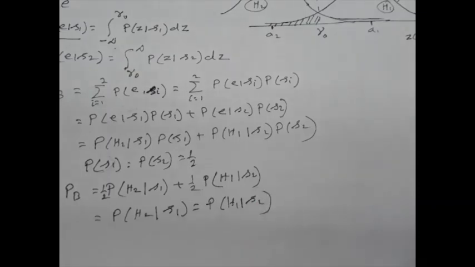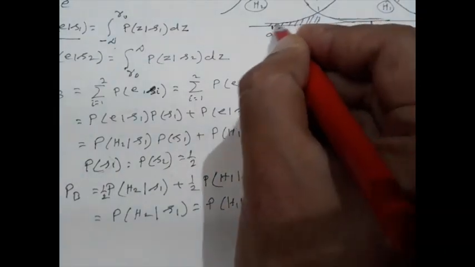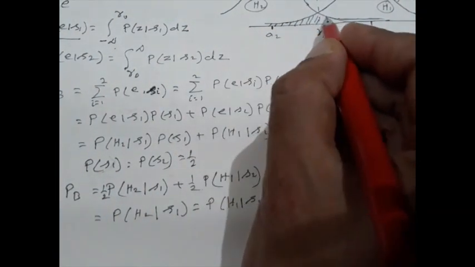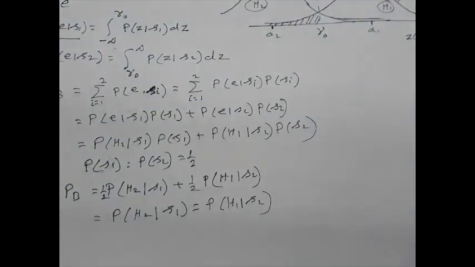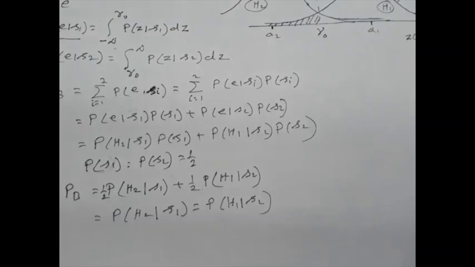The probability of a bit error P_B is numerically equal to the area under the tail of either likelihood, that means this portion, maybe for this symbol, or for this symbol, this tail. So any one likelihood we can take. That means when it falls on the incorrect side of the threshold.